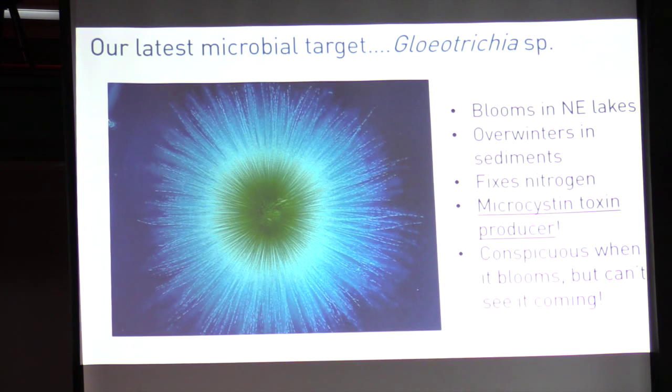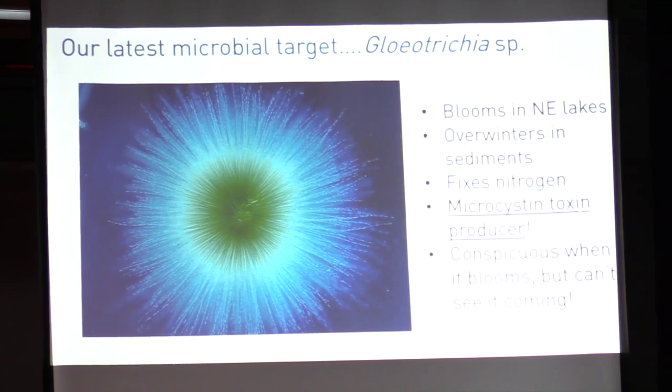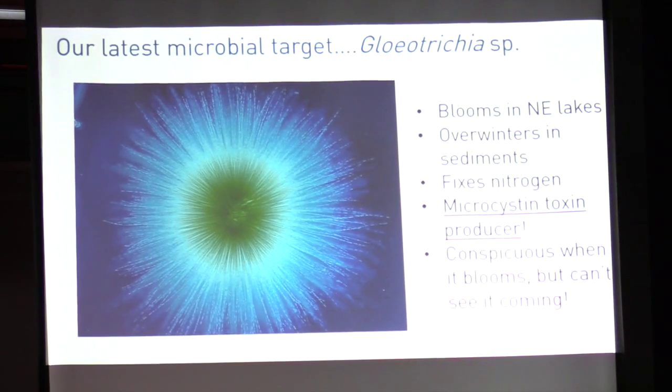It's a cyanobacterium, and the reason that we're interested in it is that it blooms in these oligotrophic, low-nutrient lakes all throughout the Northeast, but it produces microcystins, which are a particularly nasty class of algal toxins. These toxins are what closed Toledo's water supply last summer, and I believe they're having a similar problem this year. So 500,000 people were without water for a week in Toledo last year because of this toxin.